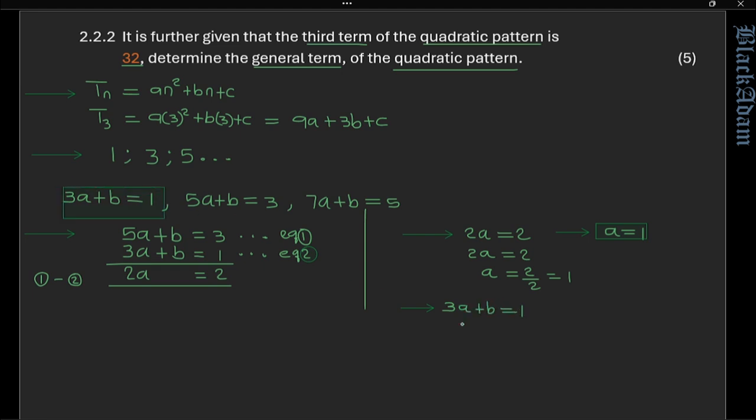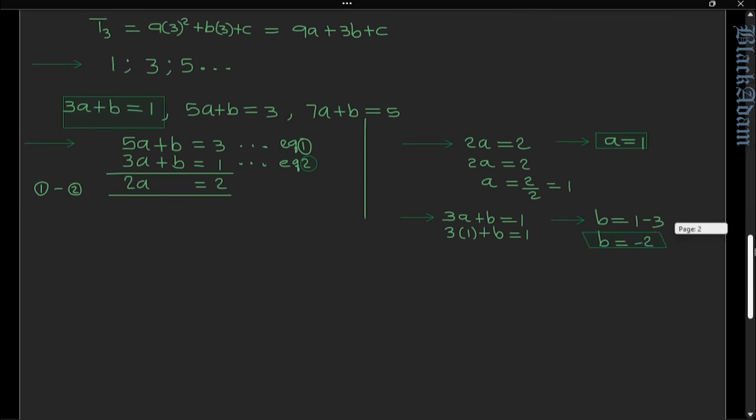So we're going to substitute the a value which is 1 in the equation, 3 plus b is equals to 1. So solving for b is going to be 1 minus 3, so b is going to be negative 2. That's our answer.